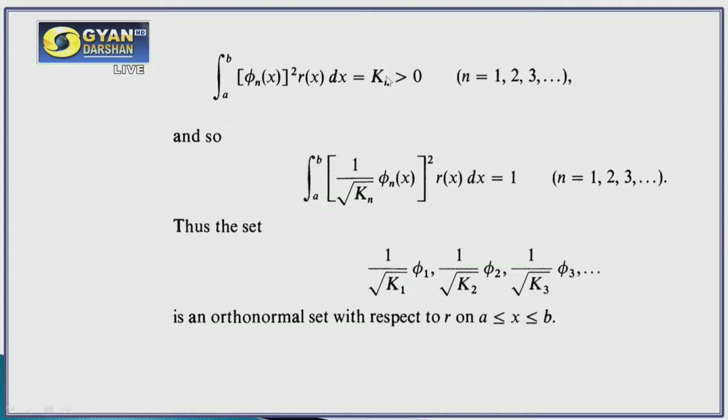Since this is non-zero, we can divide by it. If you divide by this, the right side becomes 1, and this gives our new functions. So this is actually our constant. Now if you take this as a constant, what is k n? k n is basically this integration. This is the modification. If we modify this, the whole system of characteristic functions will become an orthonormal set with respect to r.